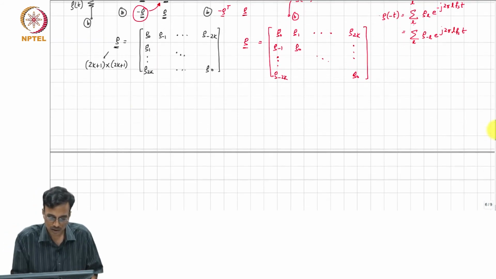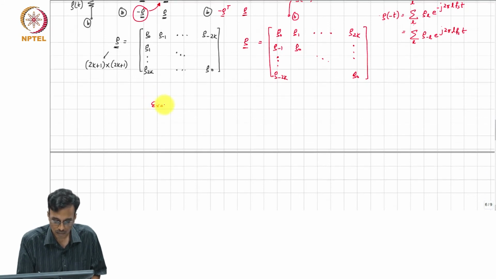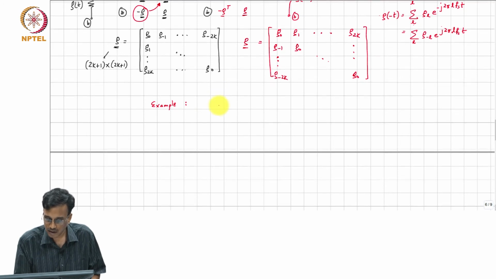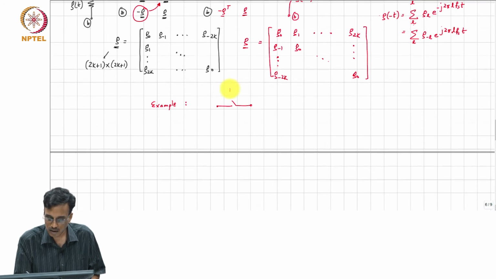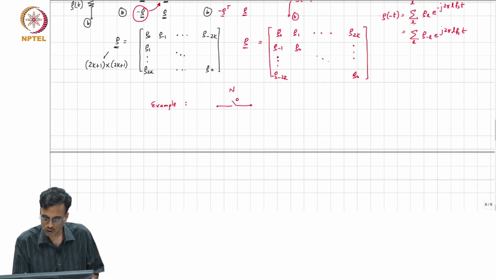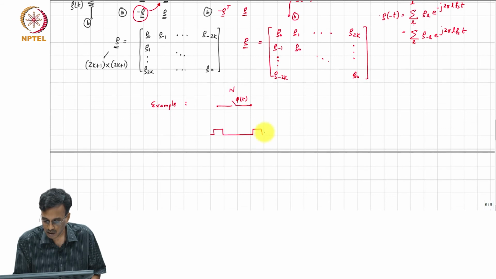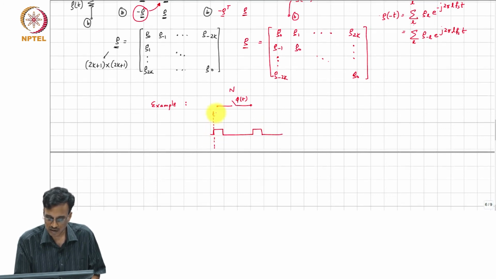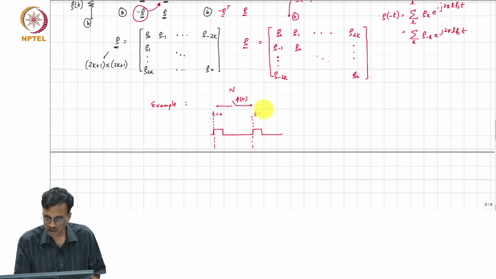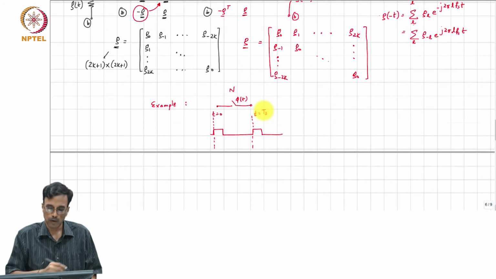So, for example, let us say you had a switch in N which was controlled by some phi of t, so let us say this is t is 0, this is t equals T s, all right.